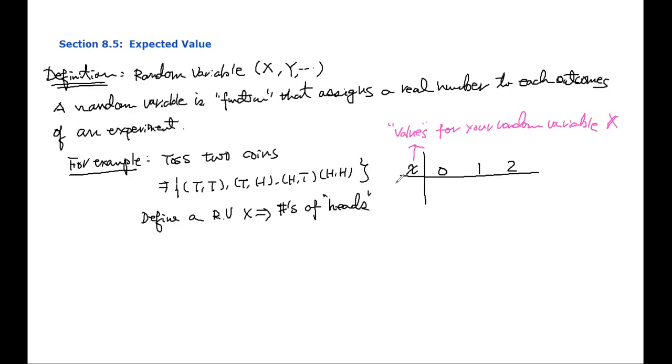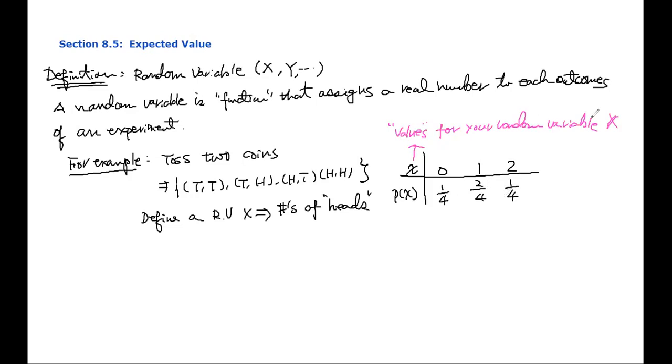Then the random variable also associates with a probability. Typically we say this is the probability of x. Here it will be 1/4, then 2/4, and 1/4.